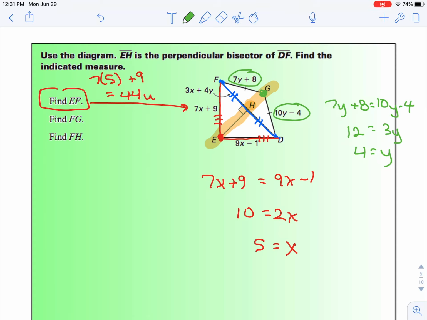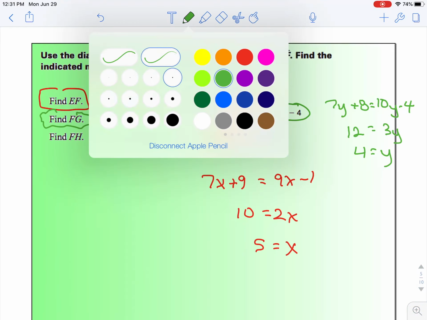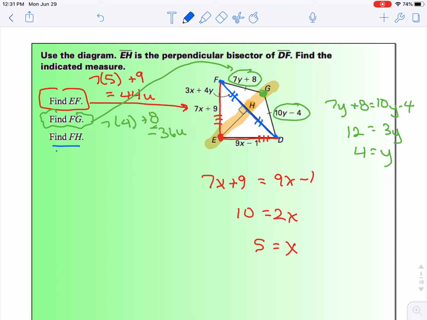Again, one of the segments I'm supposed to find here is FG, and now that I know y, I can plug it in. So I have 7 times 4 plus 8, so FG is equal to 36 units. Now I can finally find FH because I know both x and y.